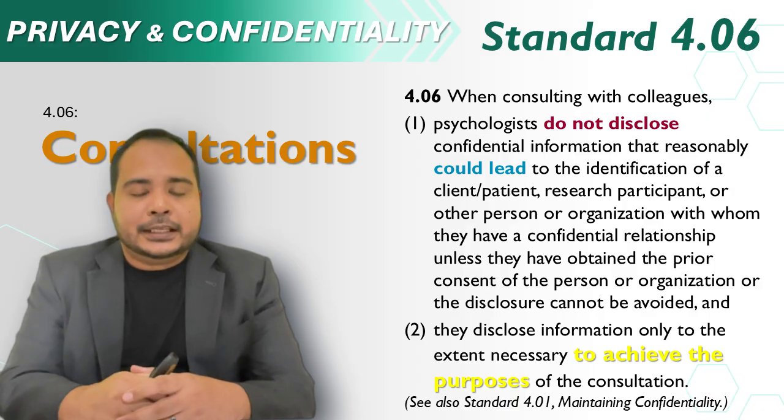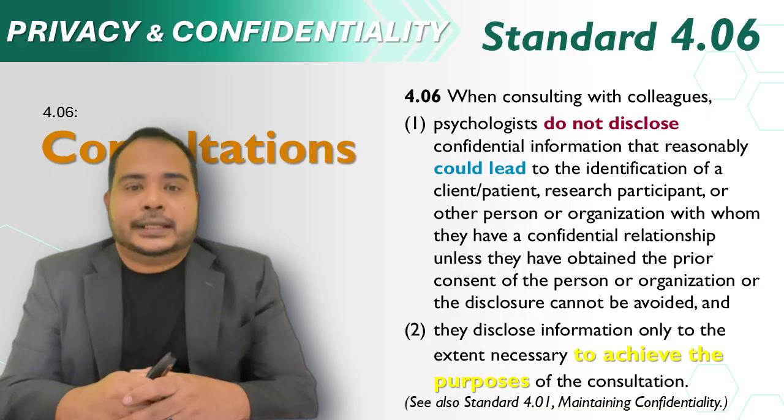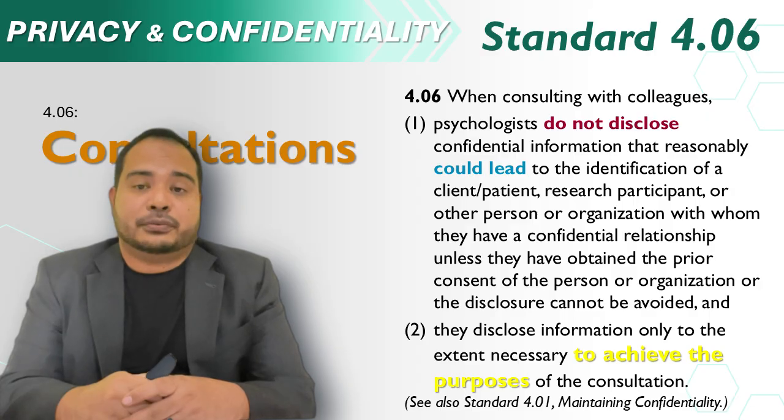And secondly, if disclosure is unavoidable, we must share the information, otherwise we cannot have a meaningful consultation. We must obtain consent from the client. Obtain consent when disclosure is unavoidable.